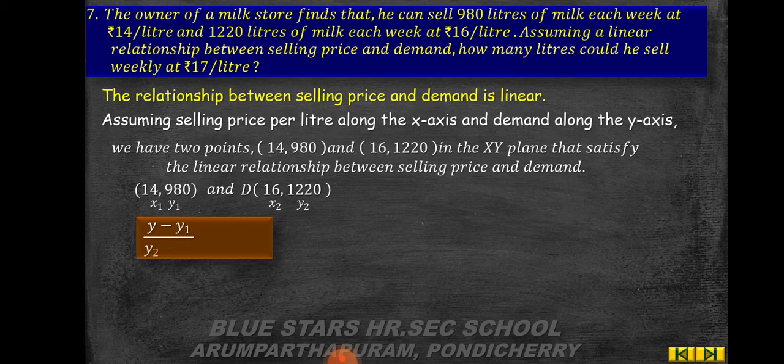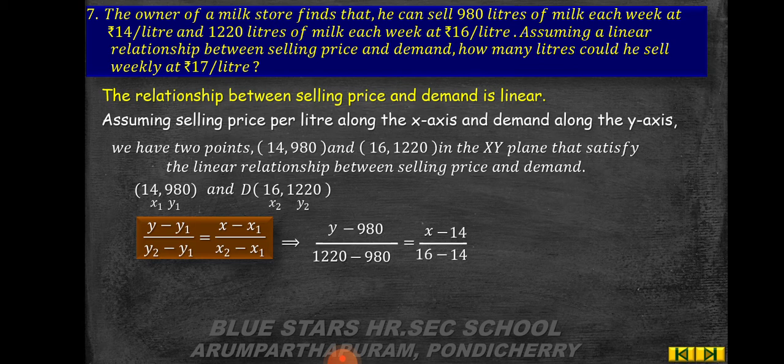So you know the formula: y minus y1 divided by y2 minus y1 is equal to x minus x1 by x2 minus x1. Which implies y minus y1 value is 980 divided by y2 value is 1220 minus y1 value is 980, which is equal to x minus x1 value is 14 divided by x2 value is 16 minus 14, which implies y minus 980 divided by 240 is equal to x minus 14 by 2.